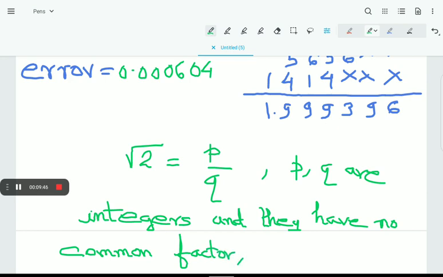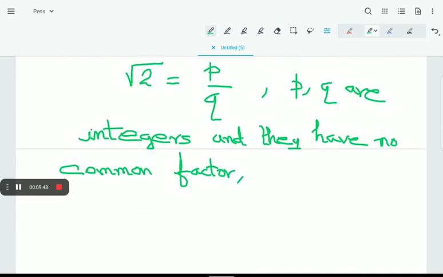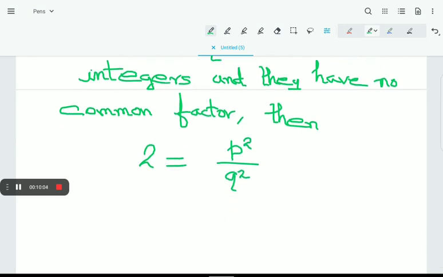Alright, then what can we say? Then, if we square both sides, then 2 equals p square by q square. And then 2 into q square equals p square by q.